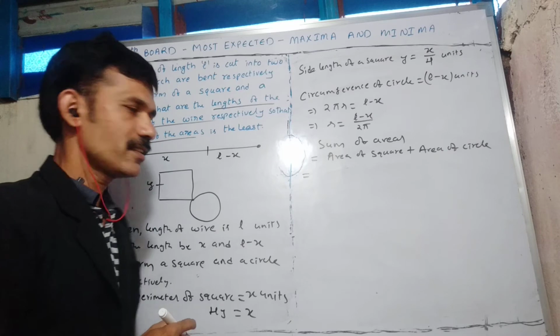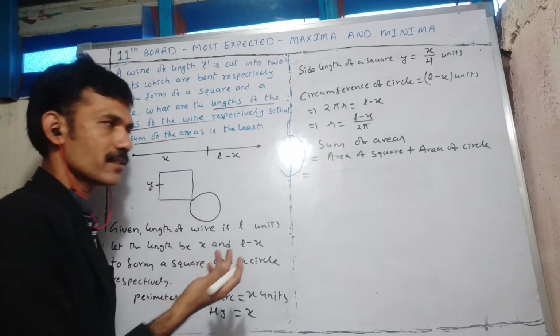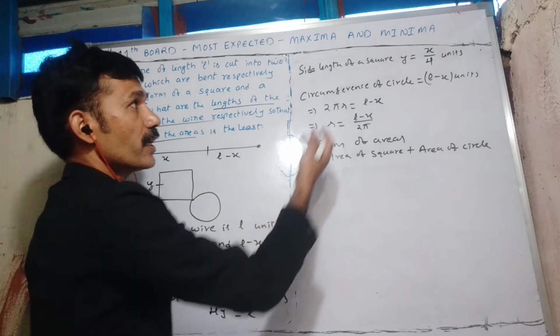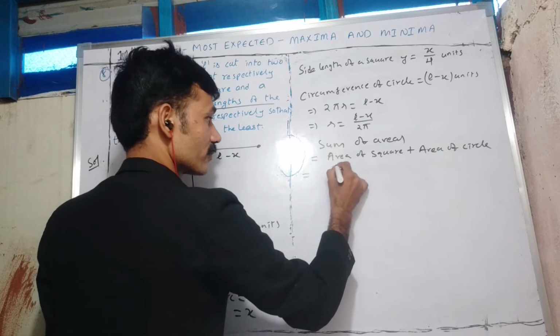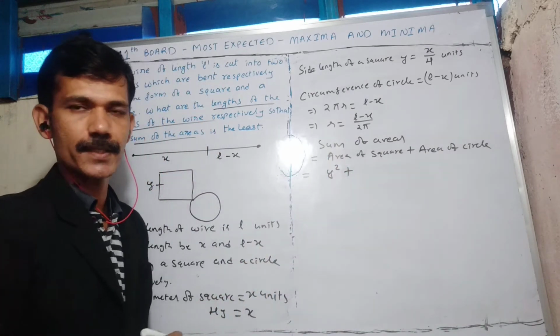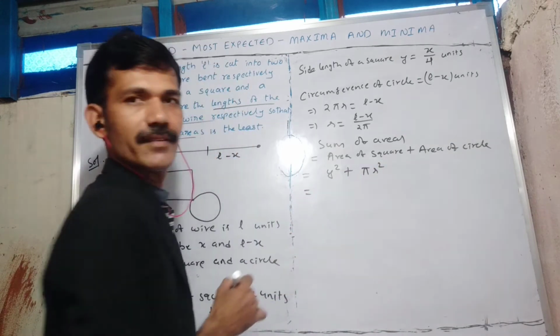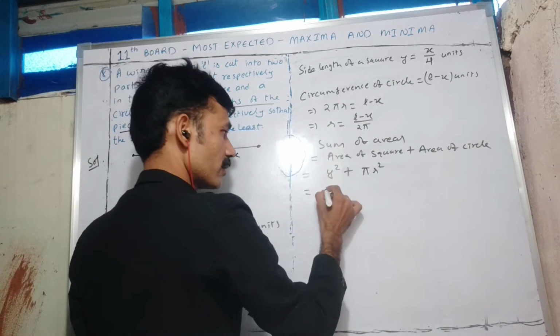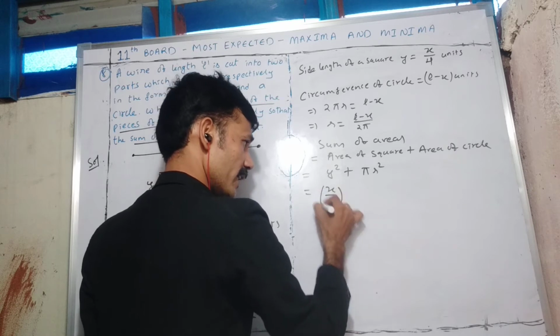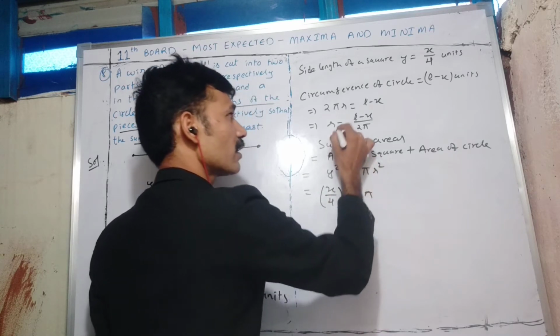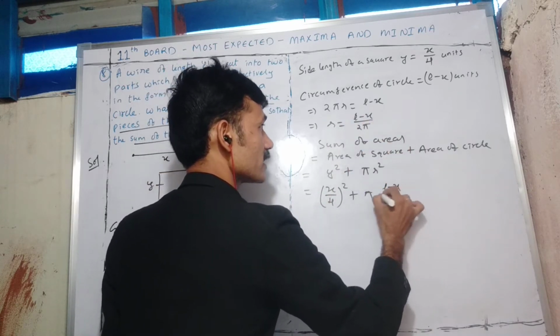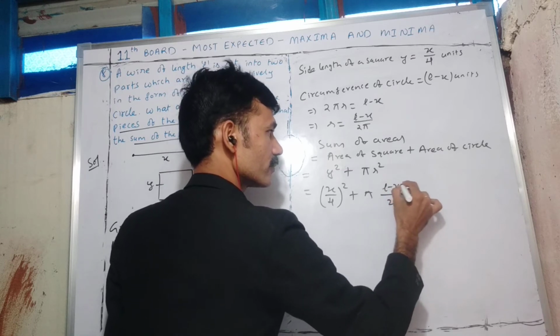When the side length is y, what is the area? y square. Y in terms of x we know. First we write the area formulas. Area of circle formula is pi r square. Y we defined as x upon 4, whole square. R we know is L minus x upon 2 pi, whole square.